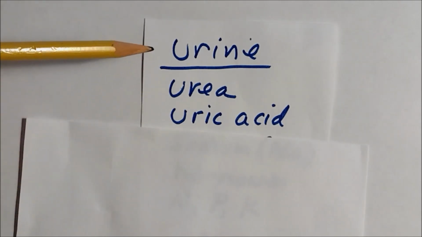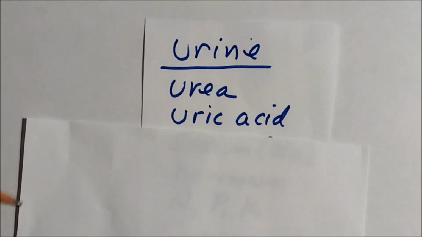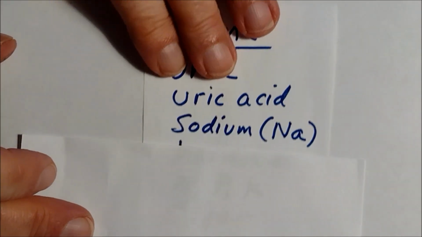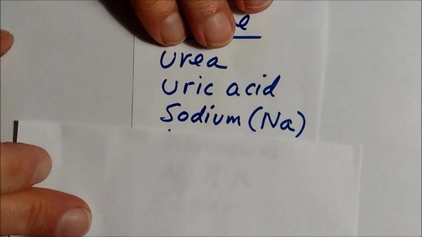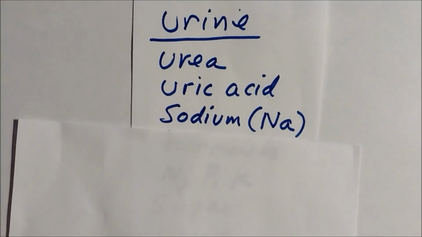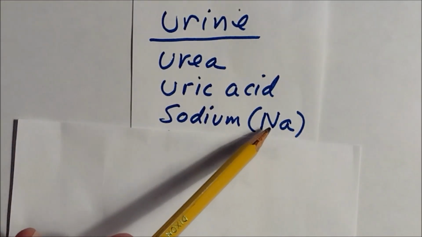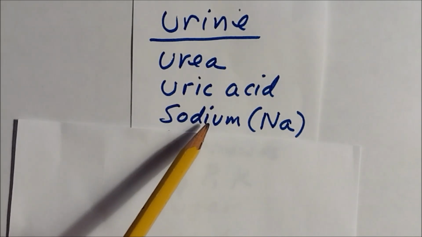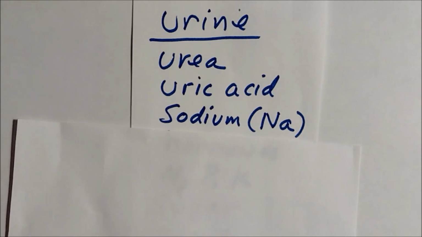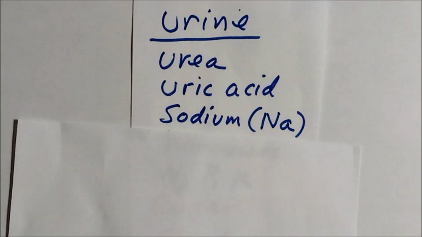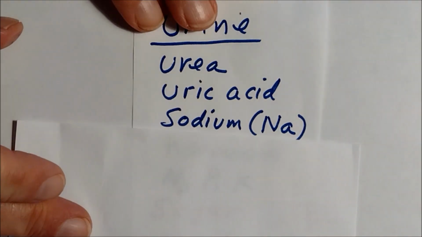They must be gotten rid of, and the only way to get rid of them is through the urine, okay? Salt is made of sodium chloride, so the sodium part of the salt needs to be gotten rid of if you've got too much in your system, because you have to keep that 0.9% salt amount.